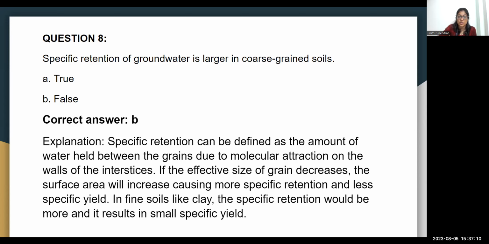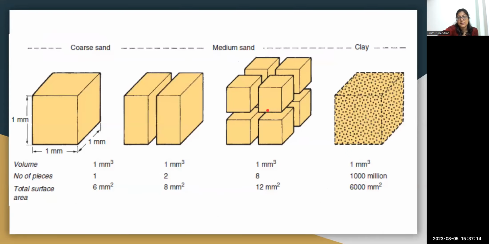Looking at the surface area variation from coarse grained sand to clay particles, coarse grain particles are bigger in size. Clay particles are smaller in size. What happens to the surface area when the size of the particle reduces? The total surface area is going to increase when the size of the particle keeps on decreasing.